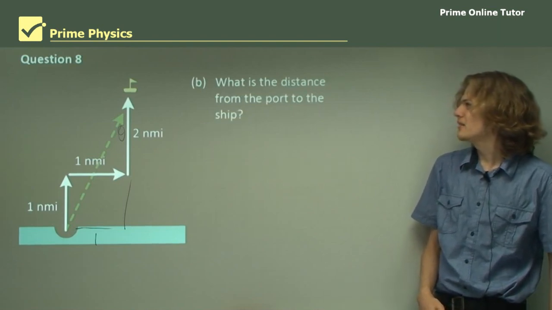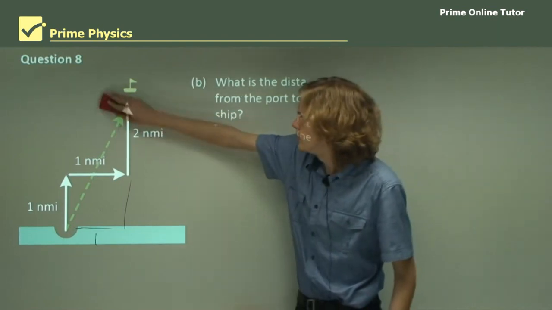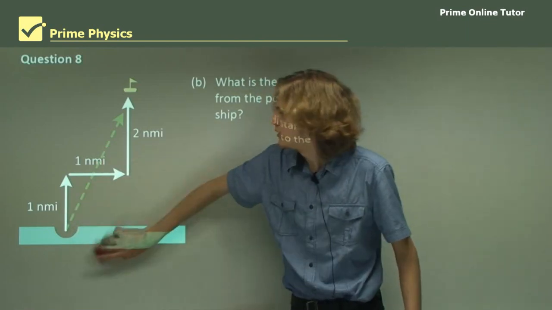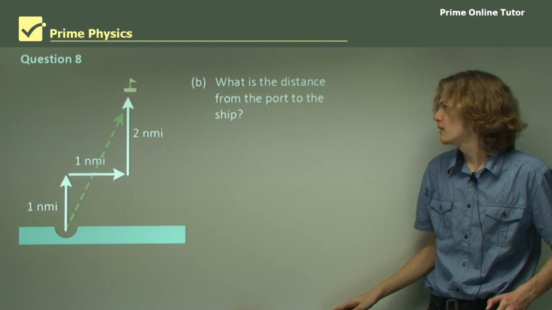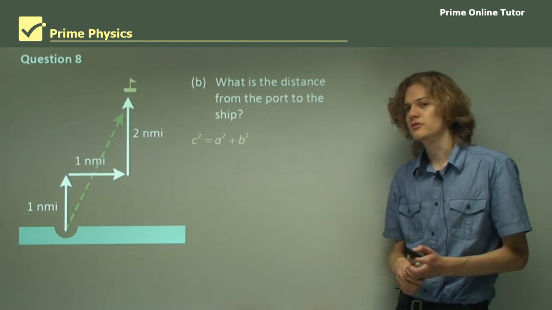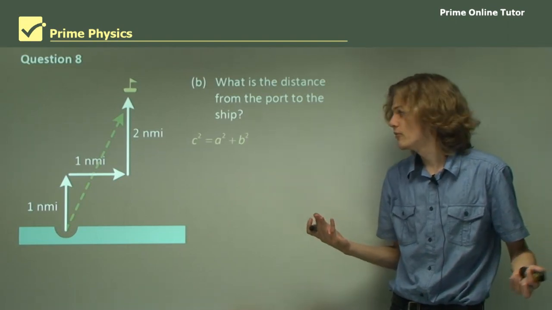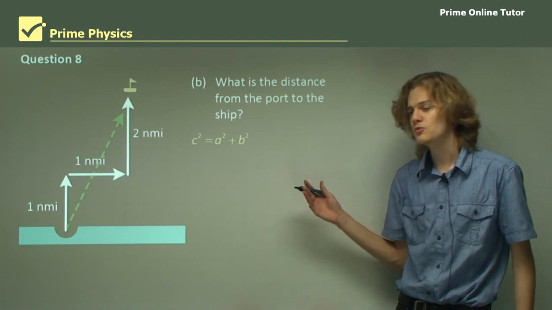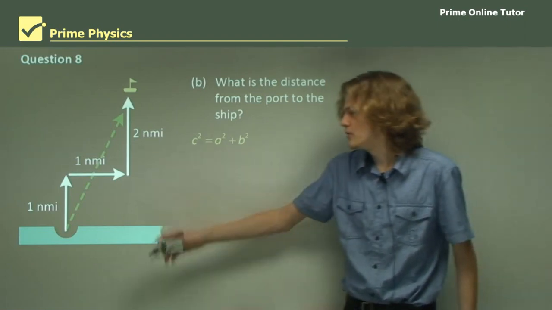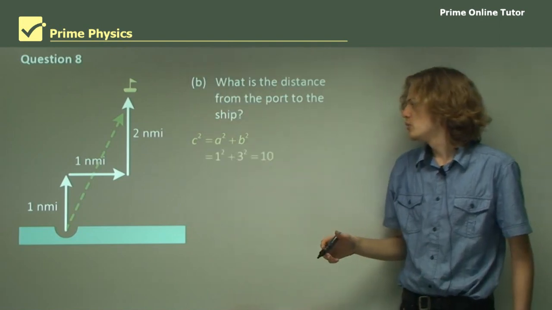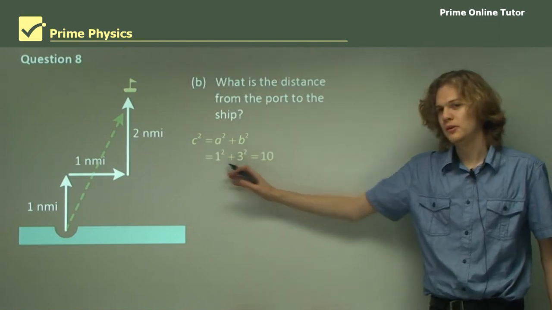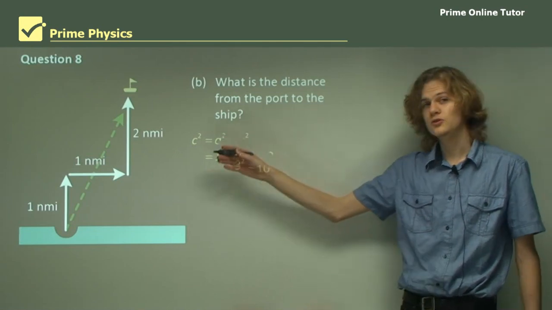Well, what about the magnitude? If we find the magnitude of this vector, we'll find the distance from the port to the ship. So we can use Pythagoras' theorem for that. C squared equals A squared plus B squared. A squared and B squared are of course the 1 nautical mile and the 3 nautical miles. And so we find that 1 squared plus 3 squared equals 10, and that's the value of C squared.